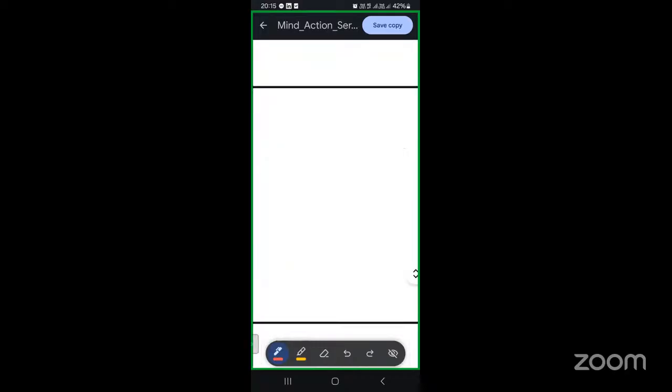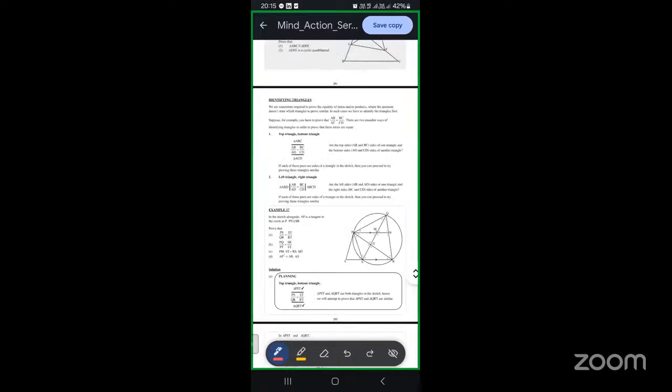We were here. I was trying to emphasize the difference between this part where we just identify triangles for ourselves, unlike when we were required to prove the similarity between the two triangles.